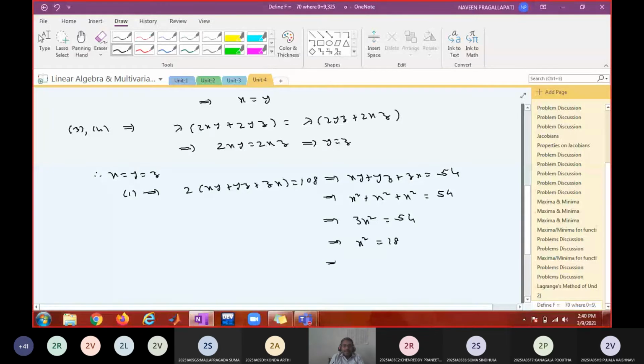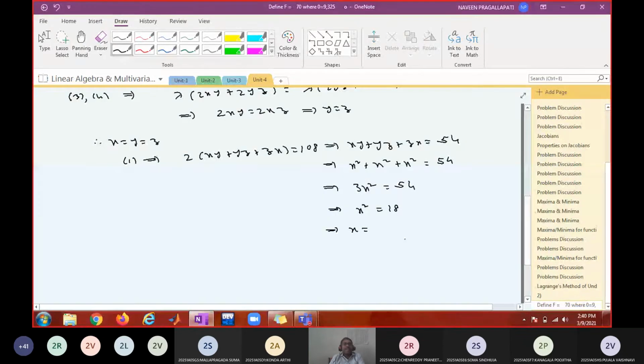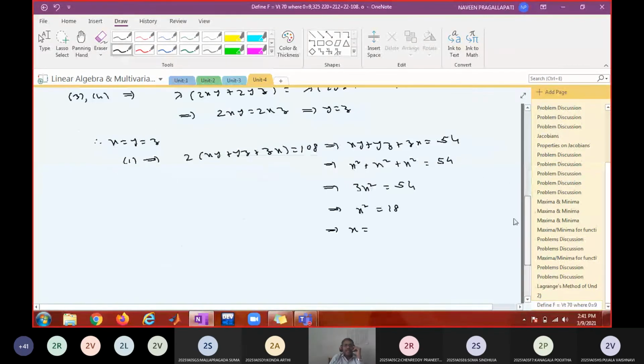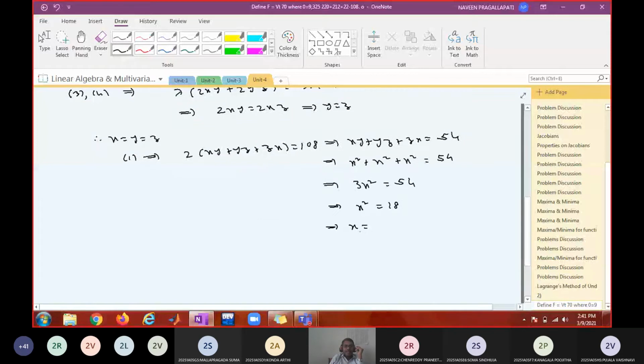Therefore, what is the x value? Please tell me, is this plus or minus root 18 or only plus root 18? Plus root 18. Why? Because these are dimensions, right? Dimensions cannot be negative. Therefore, x is root 18, or you may say 3 root 2.